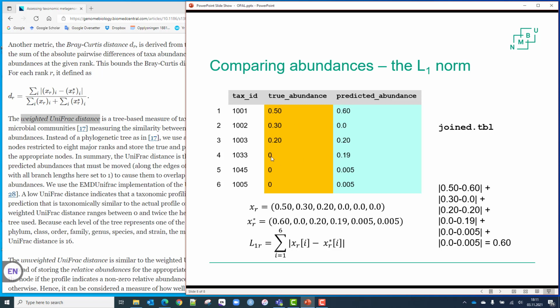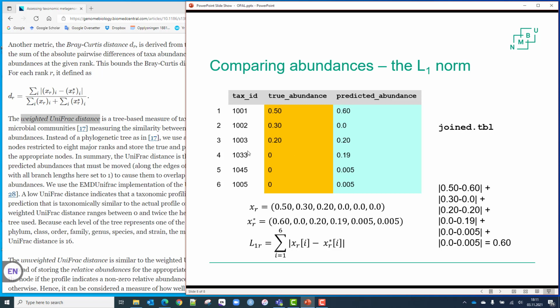And here in row 4 we have a big miss the other way. This taxon here should not be in here at all, abundance 0, but we predict it to be quite abundant. So you can see this miss plus this miss is 0.49, right? Almost, yeah, the majority of this is due to these two misses.